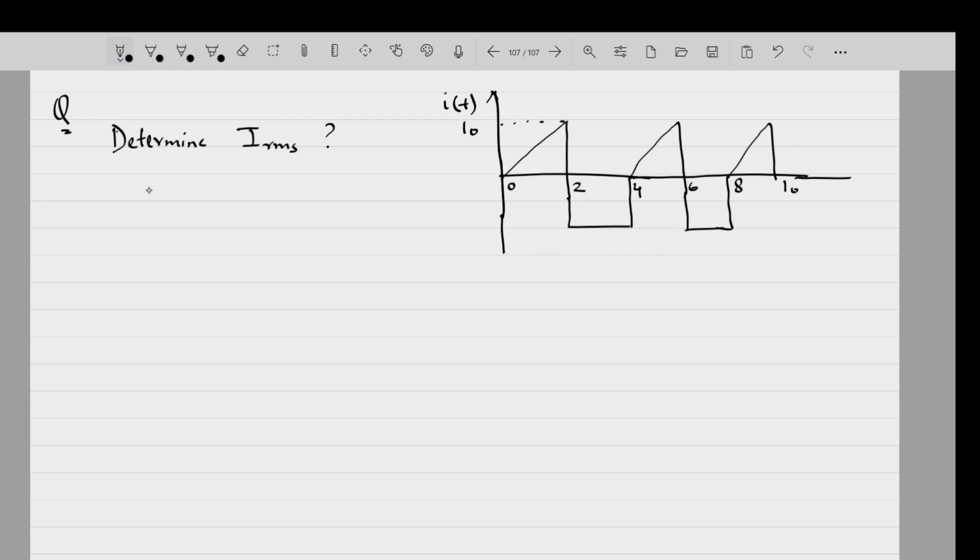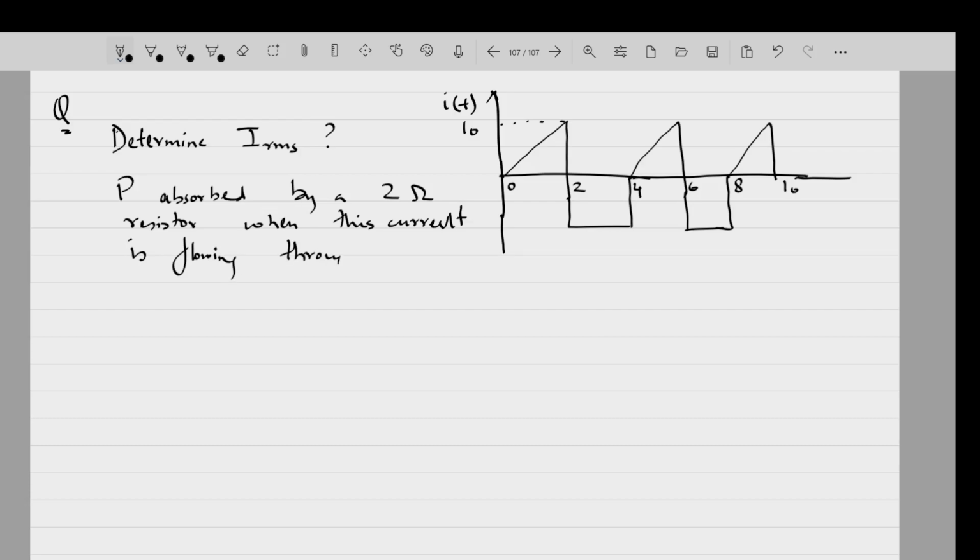Two, you have to determine the power absorbed by a 2 ohm resistor when this current is flowing through it.